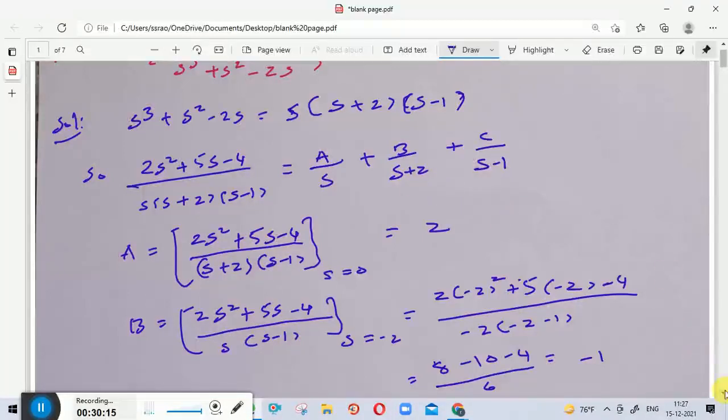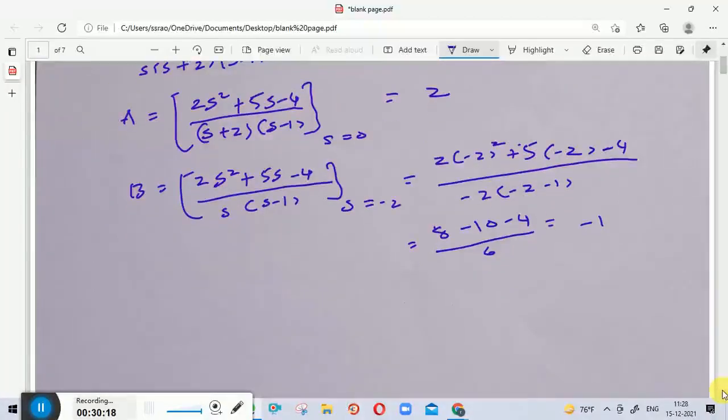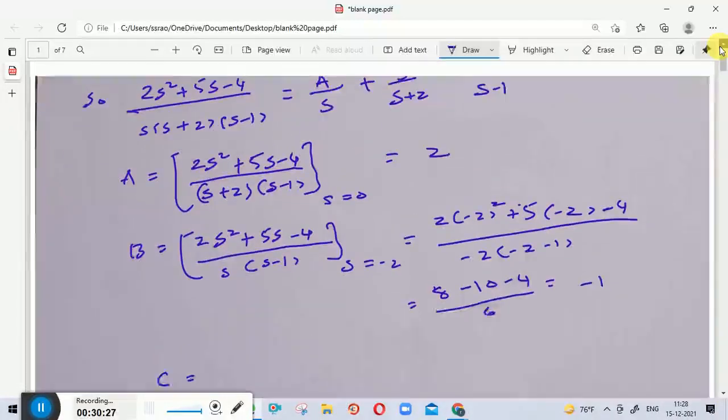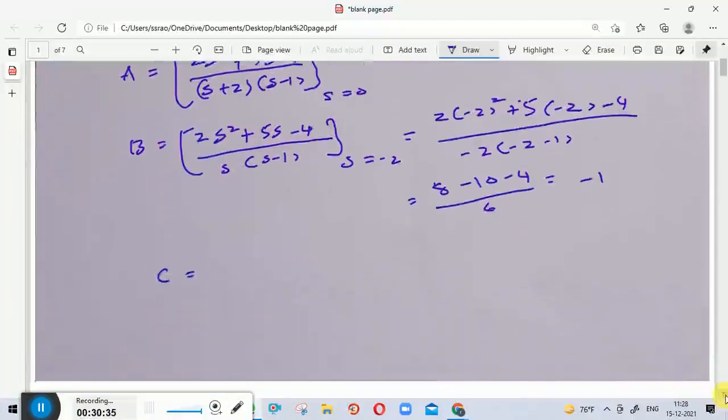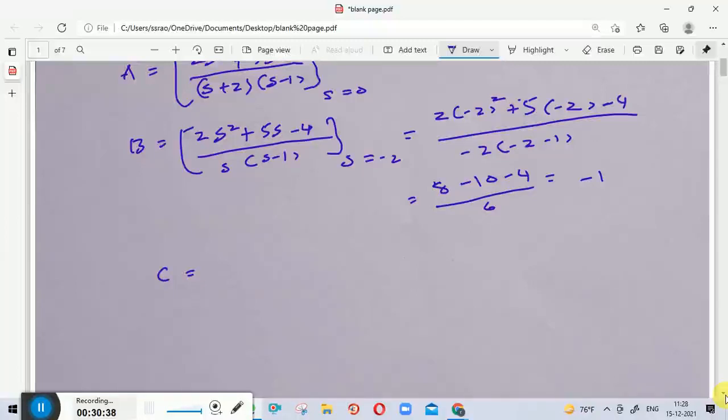Now value of c. So c is equal to: below c the factor is s minus 1, so we write the fraction without s minus 1. 2s square plus 5s minus 4 divided by s into s plus 2, at s minus 1 equal to 0, that is s is equal to 1.